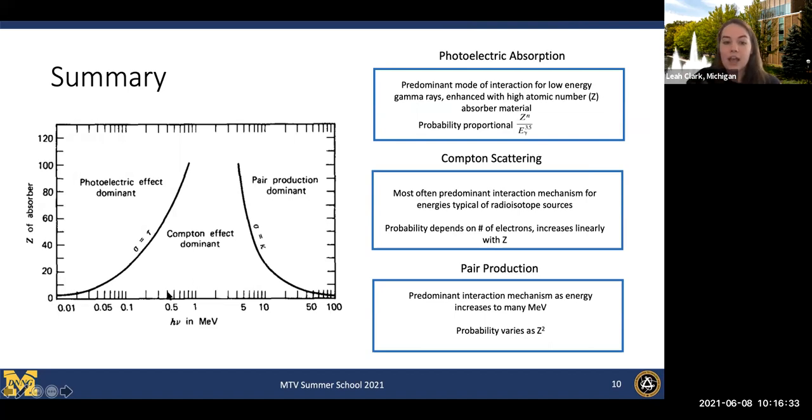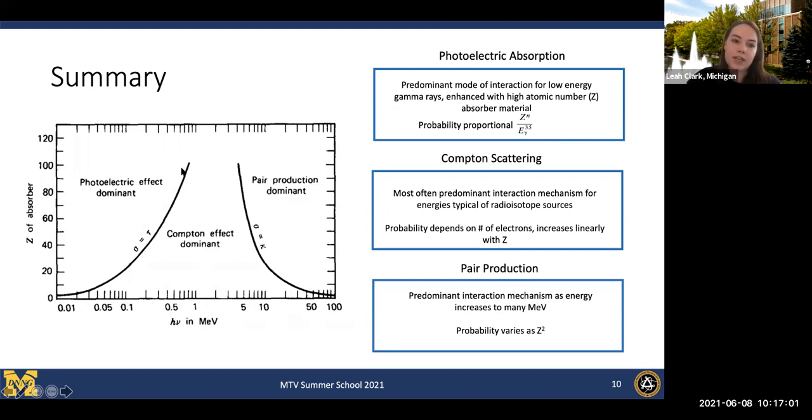For Compton scattering, the energy ranges, as you can see here on this x-axis, from 0.01 MeV all the way to 100. And again, this goes up as well with Z, the high atomic number. And pair production, because we have that minimum energy that we need to get, is more dominant at these higher incident energy values.